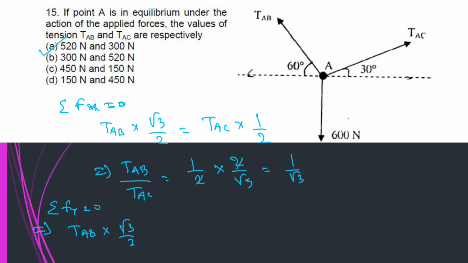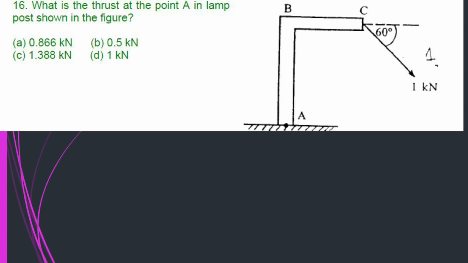Question: what is the thrust at point A in the lamp post shown in the figure? So you make two components: 1 kilonewton into sin 60 in this direction, and 1 kilonewton into cos 60. So the thrust at point A is due to 1 into sin 60 only. 1 into sin 60 is root 3 by 2.